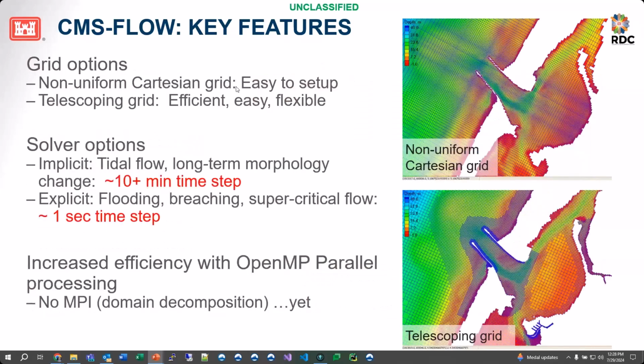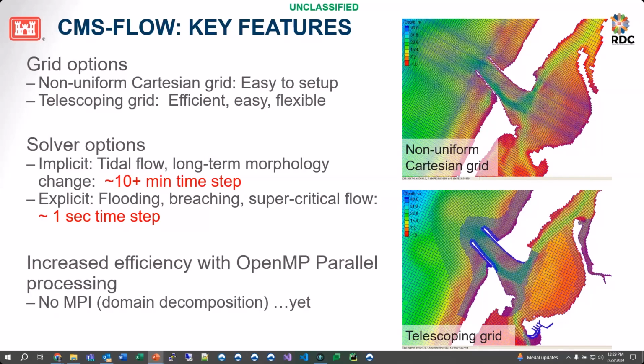The different grids that we're able to use with CMS Flow. We can still work with non-uniform Cartesian grids, although that is starting to be less and less used. We're now mainly using our telescoping grid, which was developed.